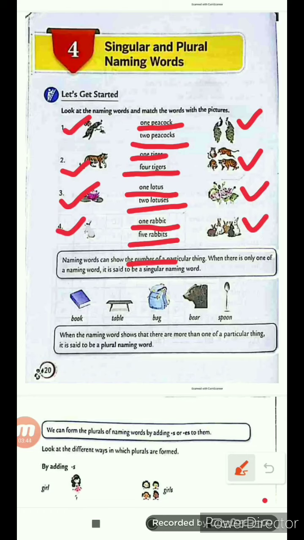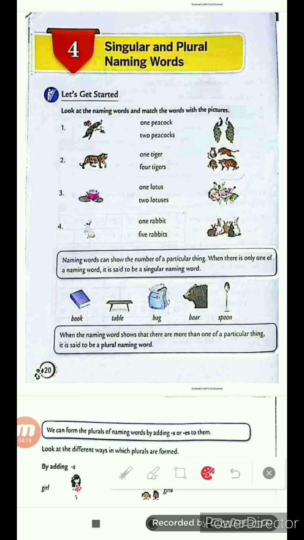When there is only one of the naming word, it is said to be singular naming words. Next, there are some examples. See, book, table, bag, bear. So these are singular naming words.